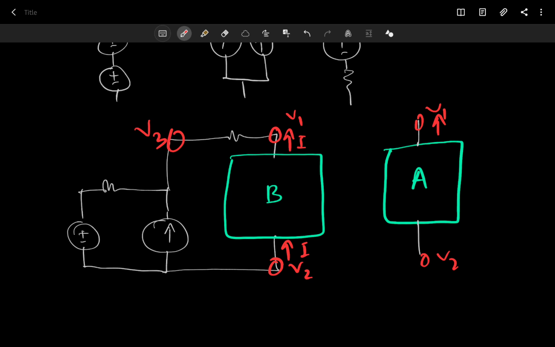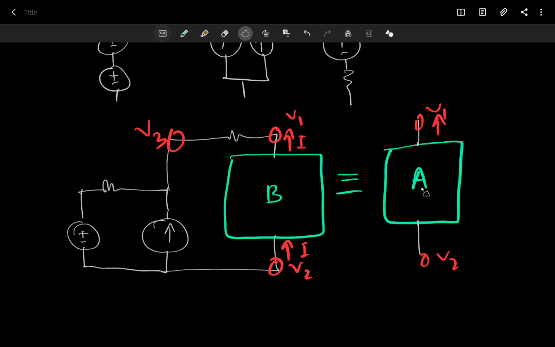So if you find such circuits A and B that you can swap out and still nothing changes, then we call them equivalent, because that's what it means to be equivalent, right? You can swap circuit A with circuit B, and nothing actually changes outside the box.